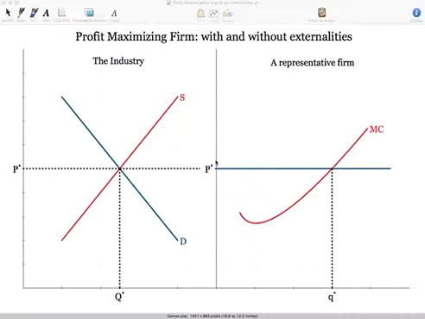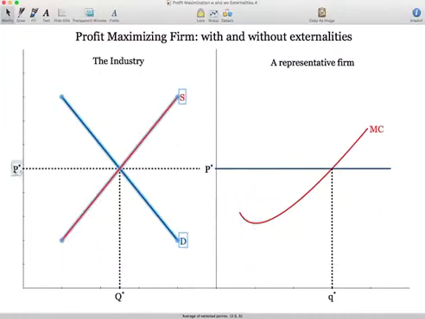So as you realize from previous chapters, in a perfectly competitive marketplace, the supply and demand in the marketplace itself is what sets the equilibrium price in that marketplace. And this gets transferred over to firms because that's the price that they accept. So the market sets the price and firms accept that price.